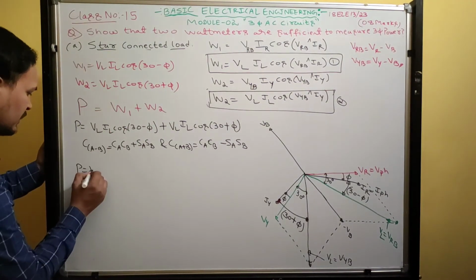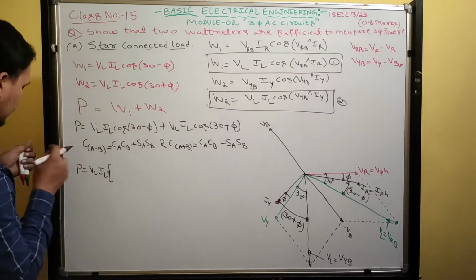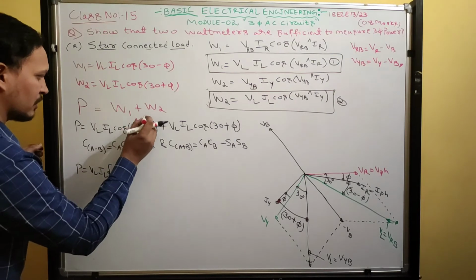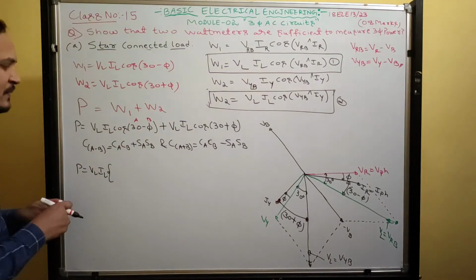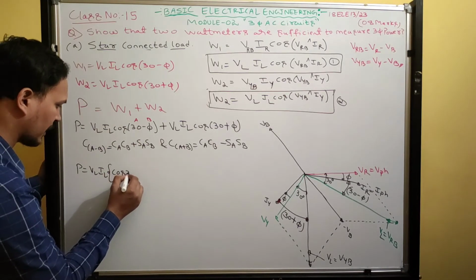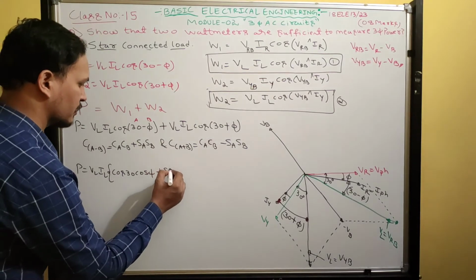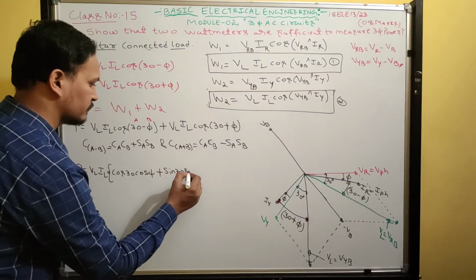VL IL within the bracket. This 30 degree is the A value and B is pi. Apply the formula for cos A minus B: cos A cos B plus sin A sin B.